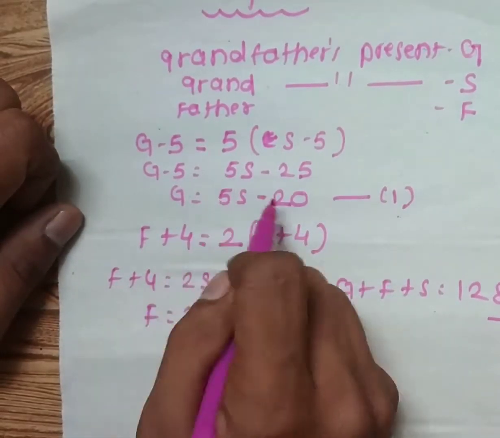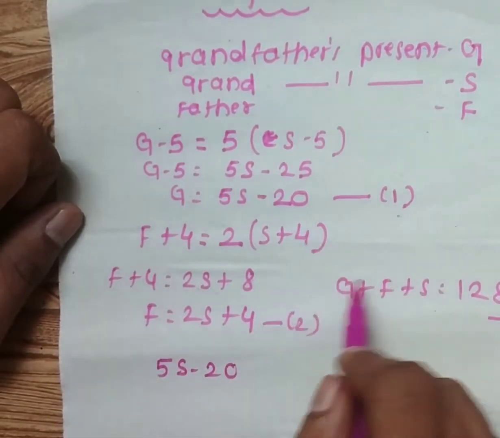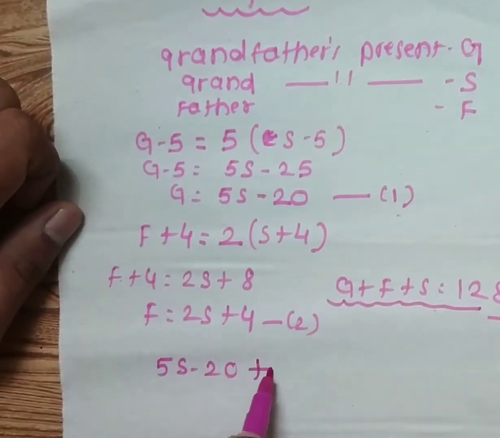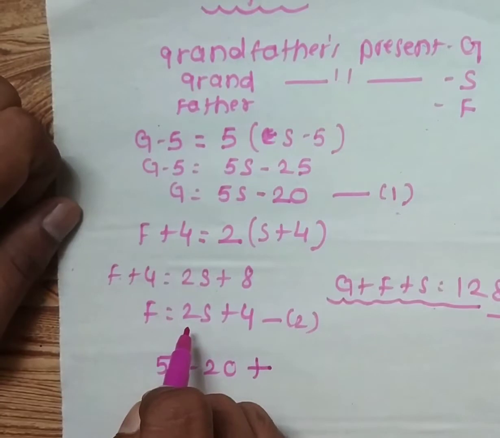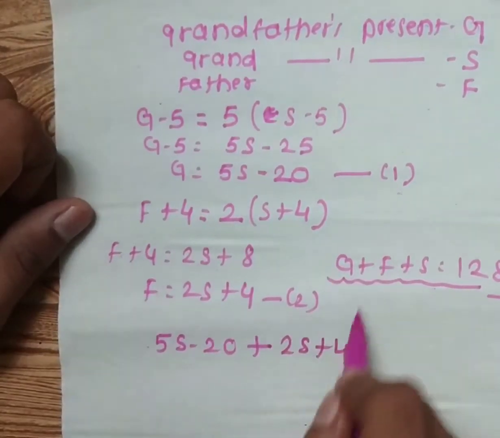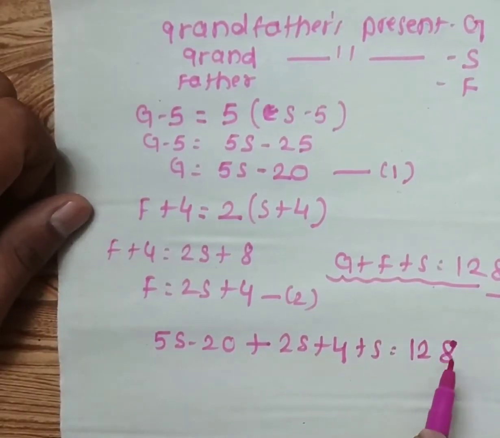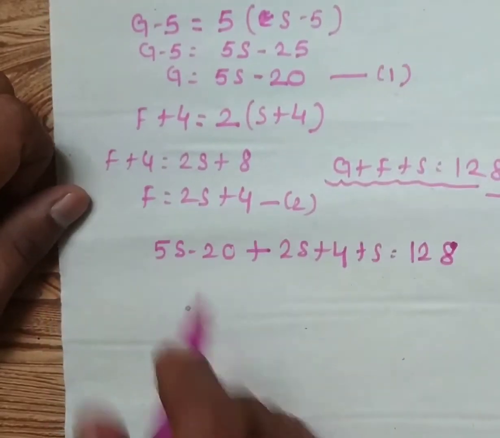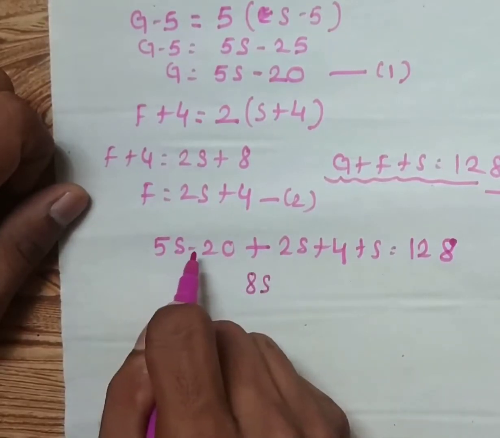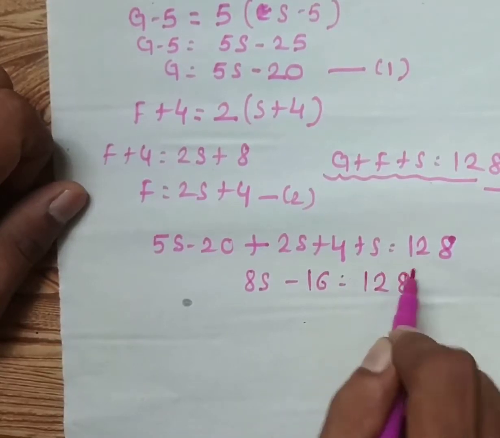I can put G as 5S minus 20, plus F from equation 2, which is 2S plus 4, plus S. Simple. So 5S plus 2S is 7S, plus S is 8S, minus 20 plus 4 is minus 16, is equal to 128.